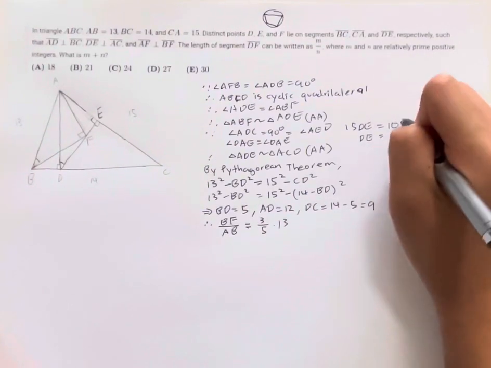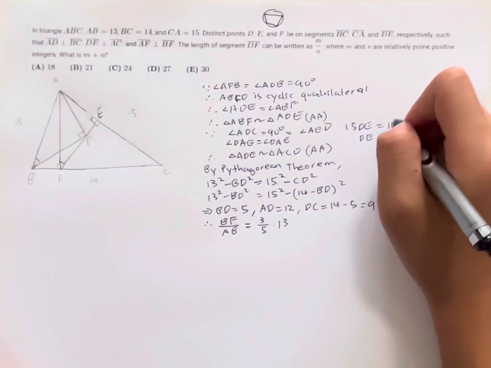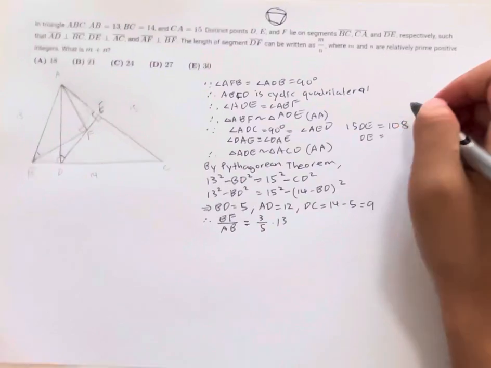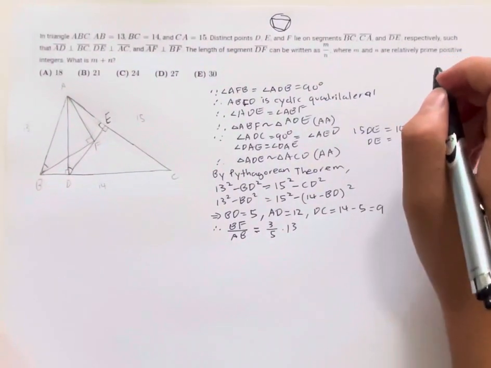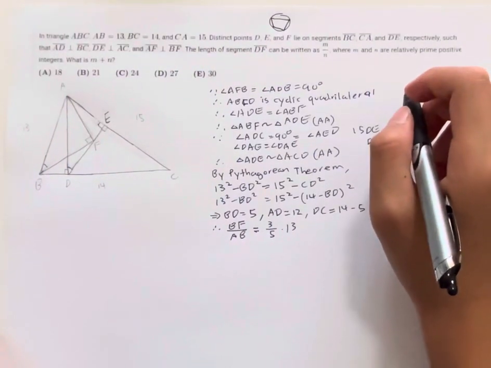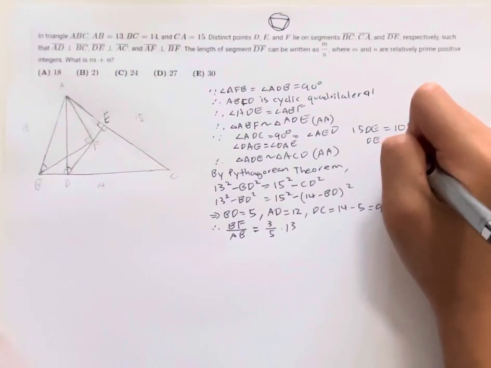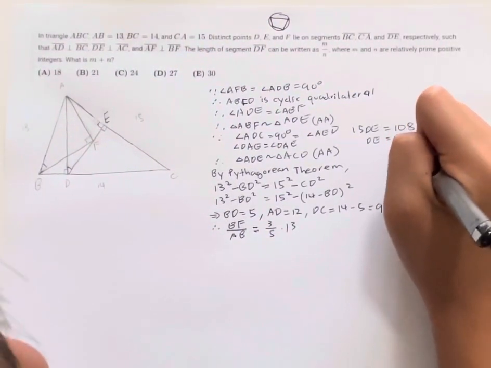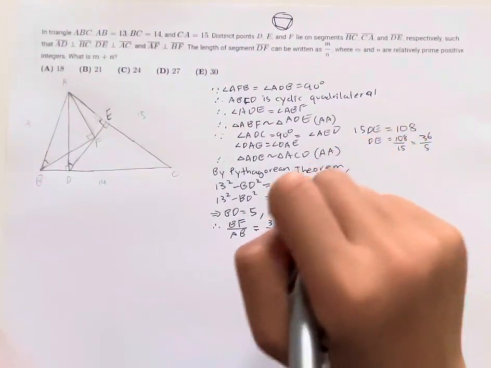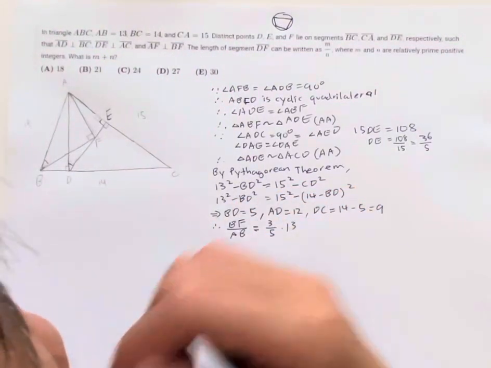DE would then equal 108 over 15, which simplifies to 36 over 5. So DE to AD will equal 36 to 5.